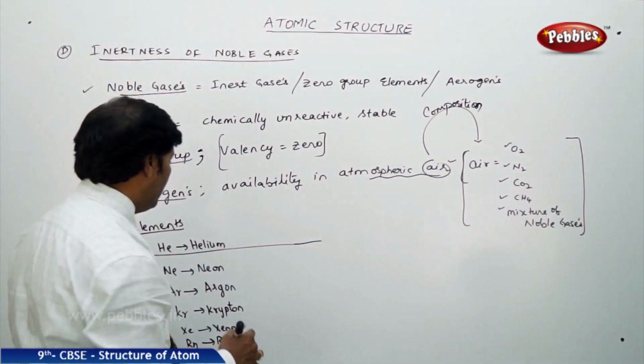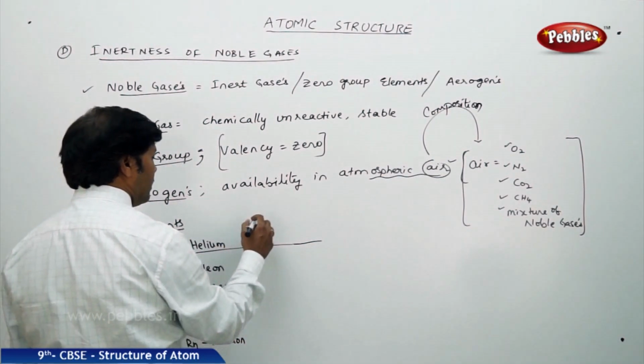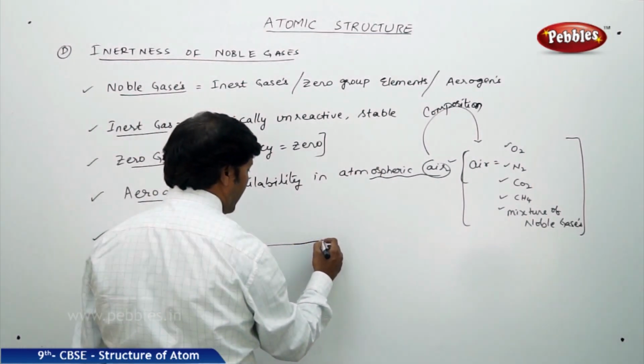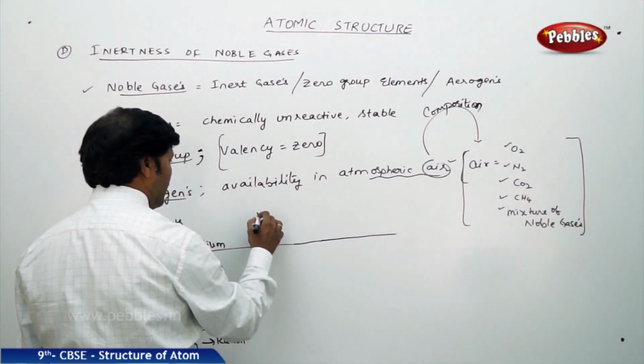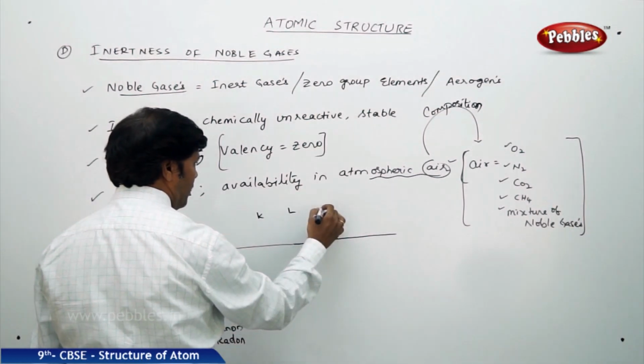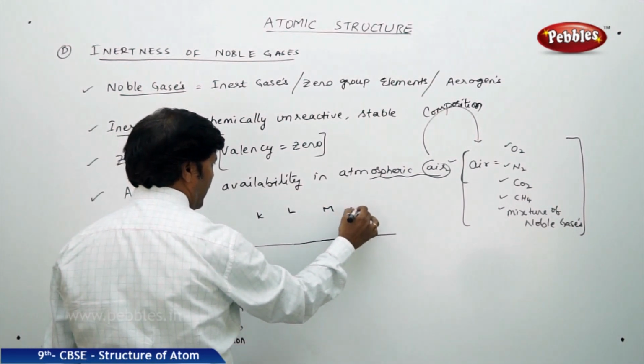So if you go for helium in particular, writing the electronic configuration, the electron distribution in helium is, I am just going to mark it like this: K, L, M, N. Something like this.